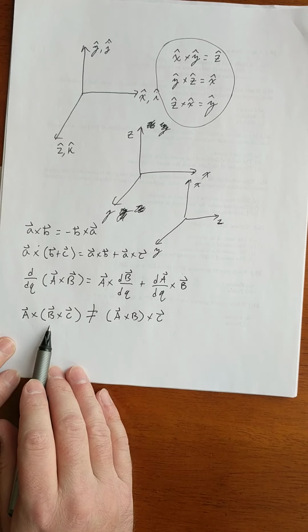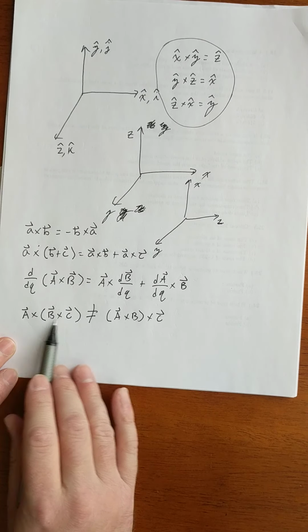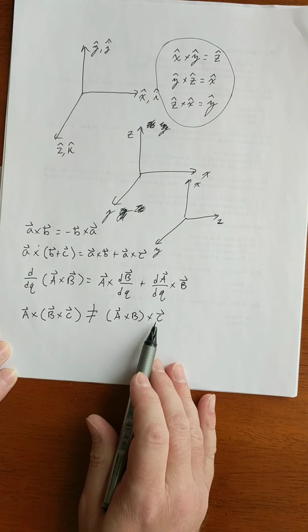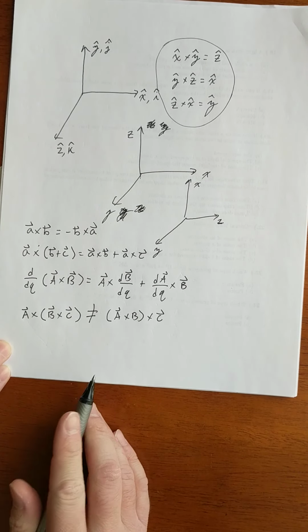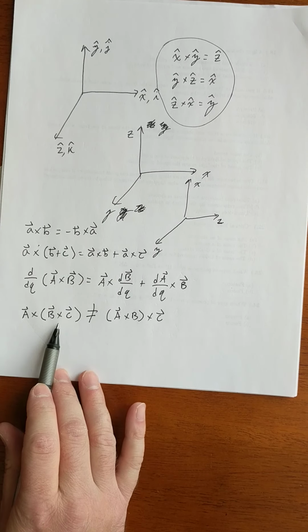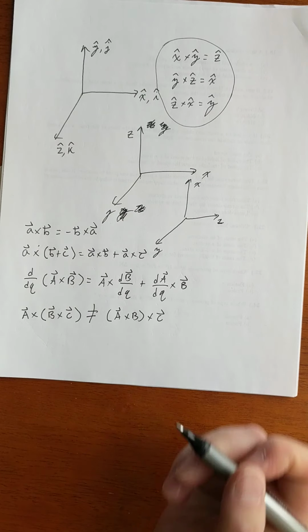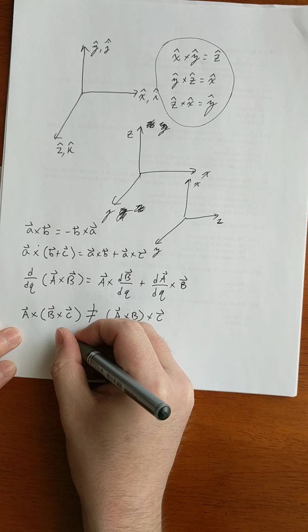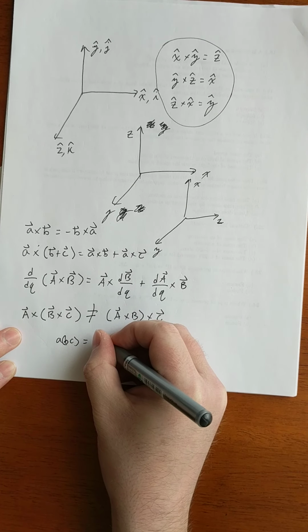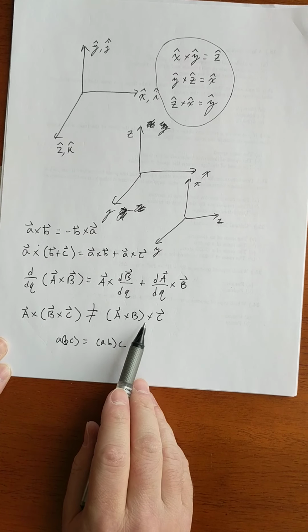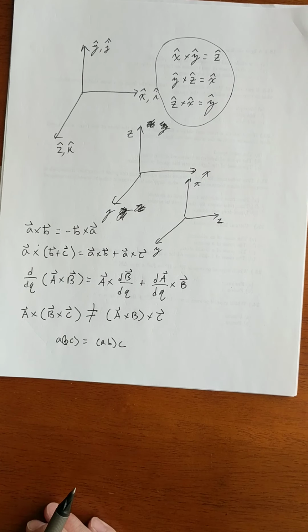If I had three vectors, in principle these don't give me the same thing if I did them in a different order. So this is another way that's different from regular multiplication, because of course if I have scalars, AB times C is the same thing as A times BC. But for cross products, this is no longer true.